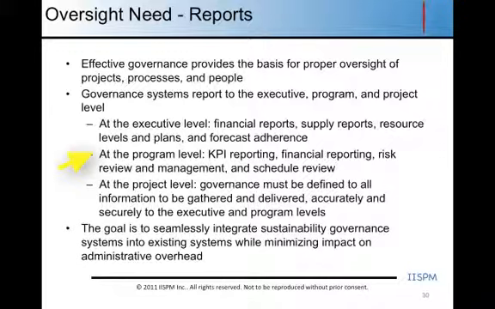At a program level, we're looking at SKPI reporting, financial reporting, risk review and management, and schedule review. All of this again across the program of work. And at the project level, individual project governance is looking at the information to be gathered, delivered, and accurately and securely delivered to the executive and program levels.